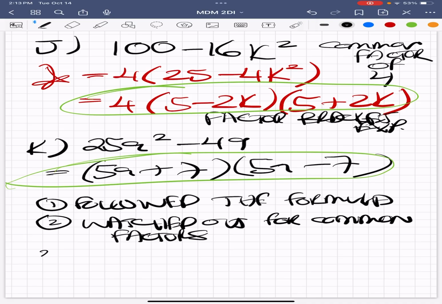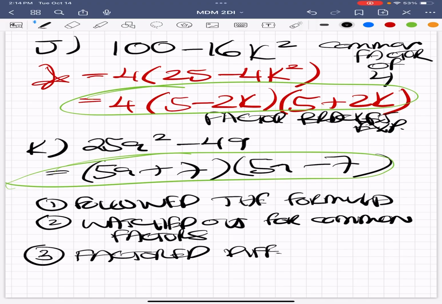We factored difference of squares expressions.